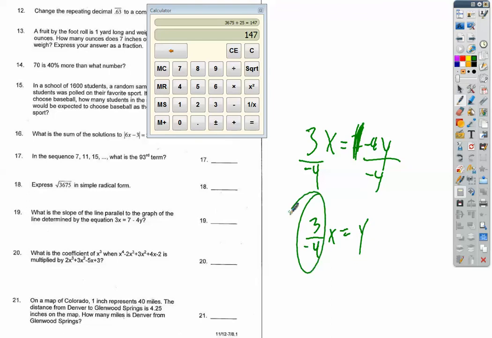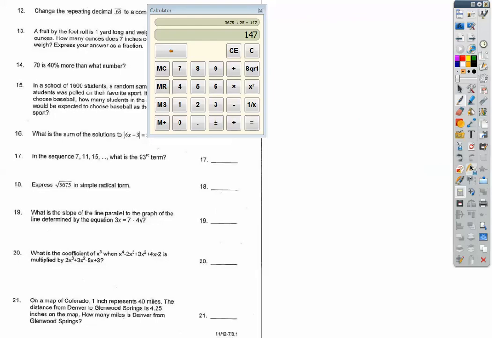Next, what is the coefficient? Oh, I love coefficients. So we have x to the 4th minus 2x to the 3rd plus 3x squared plus 4x minus 2. I'm going to multiply that by 2x to the 3rd plus 3x squared minus 5x plus 3.